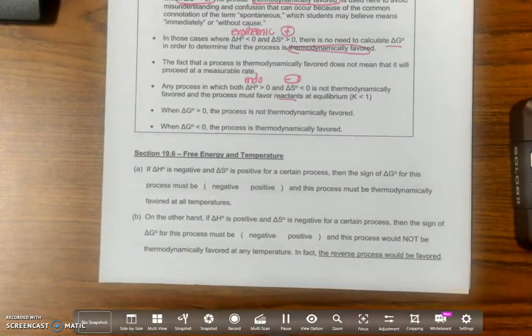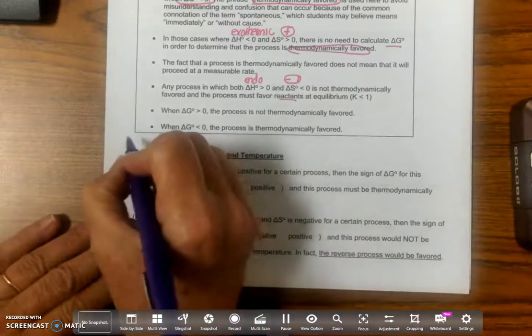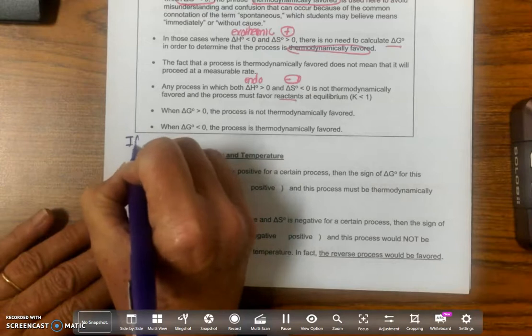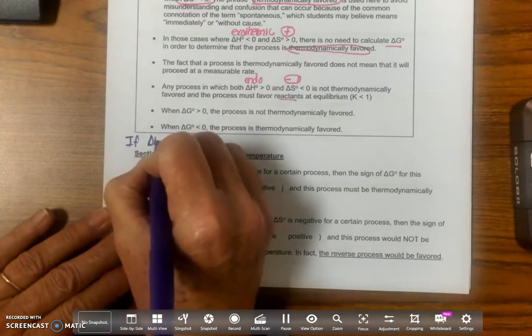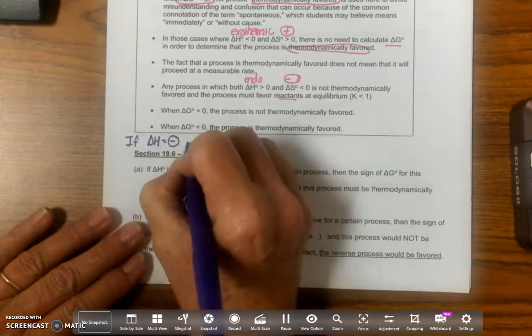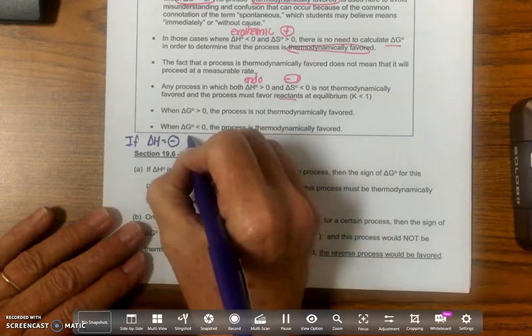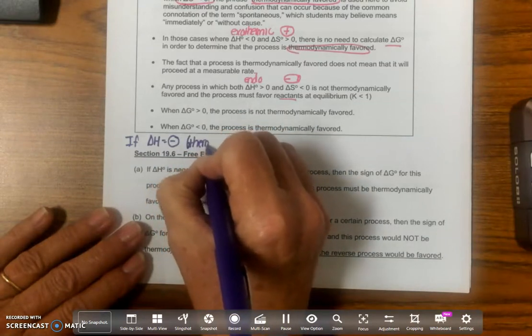So if I were to summarize for you: if delta H is negative, that's thermodynamically favored.